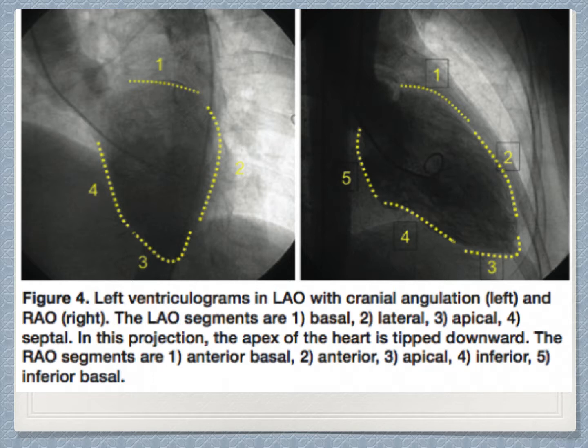So in the LAO, you can see the septum, which would be number 4, and in RAO, you'd see no septum. On the right, you see mainly anterior and inferior walls. And on the left, in the LAO, you see mainly septum, lateral wall, and apex.